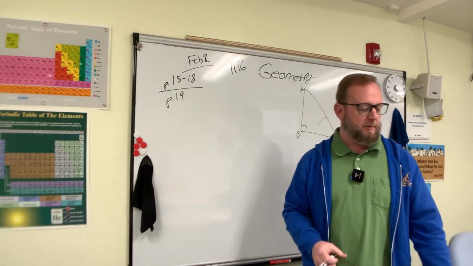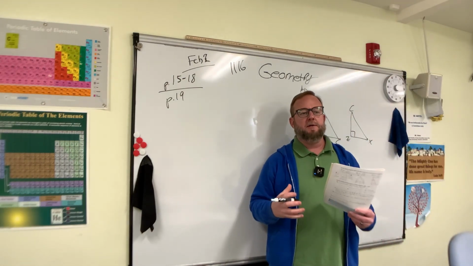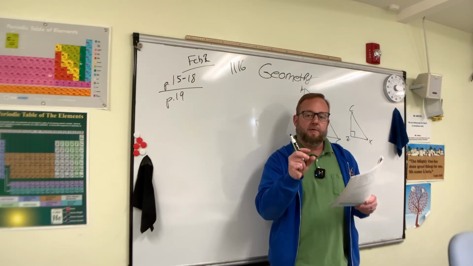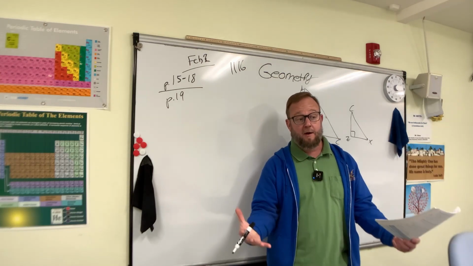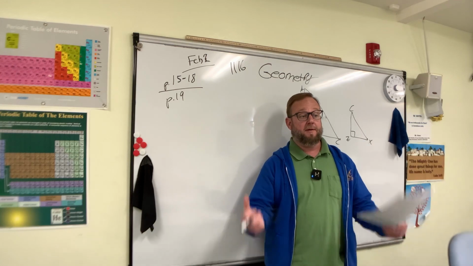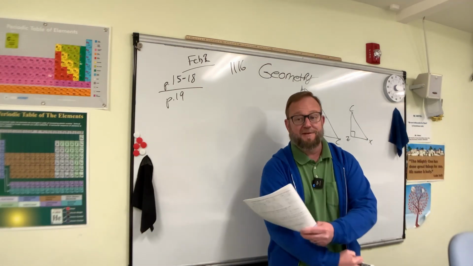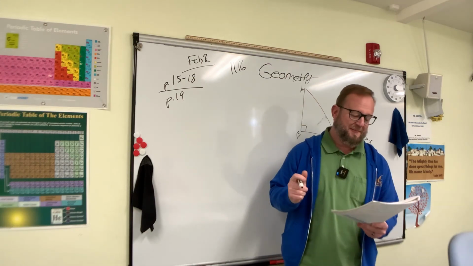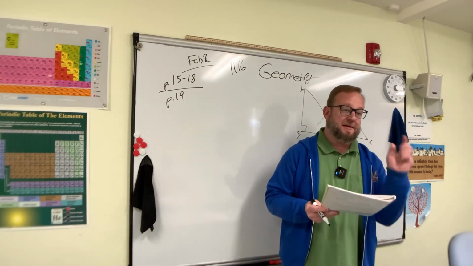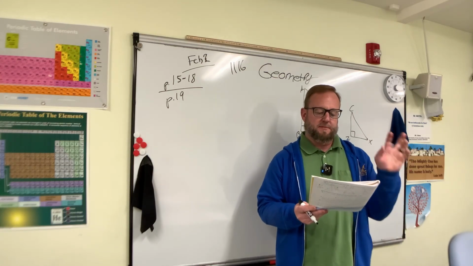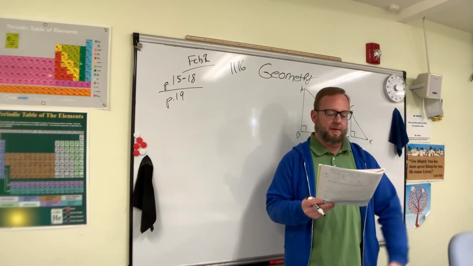If you're dealing with overlapping triangles, generally it's being drawn that way to show that they're sharing an angle, which means you're always going to be looking for the what property? Reflexive. That's reflexive. C is C. This happens to be an angle and not a line, but it works both ways.